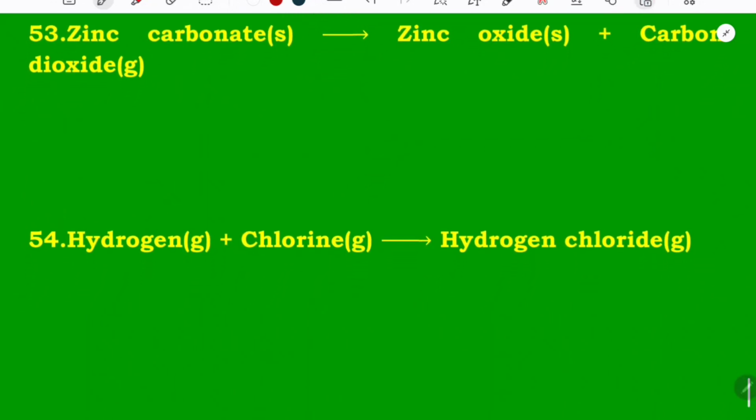Next. So zinc carbonate, ZnCO3. The carbonate is CO3 2 minus. Zinc carbonate splits into zinc oxide, ZnO, plus carbon dioxide, CO2.